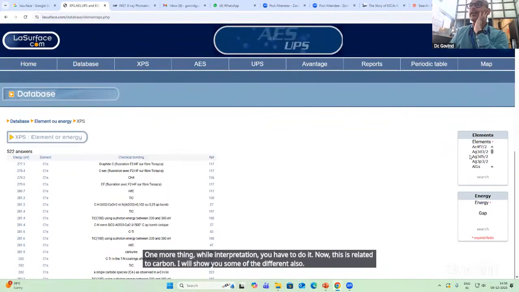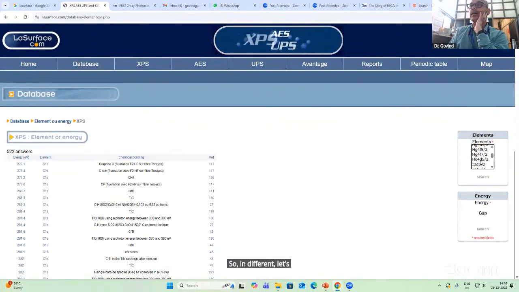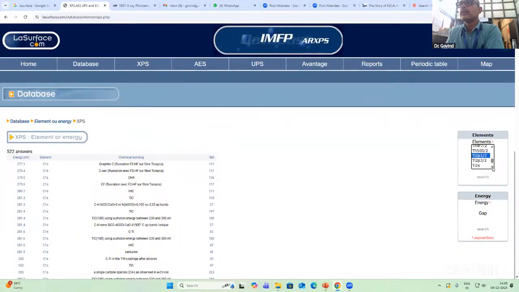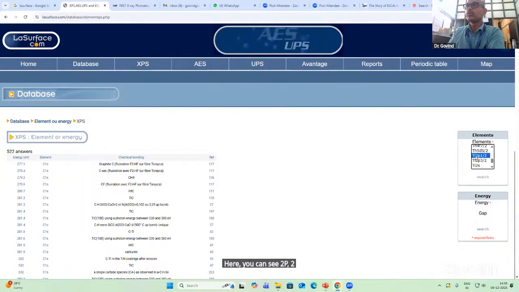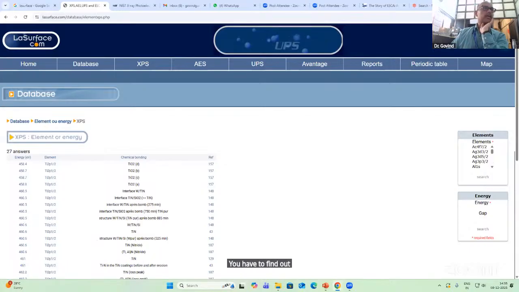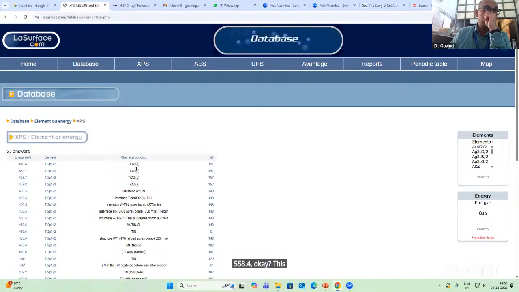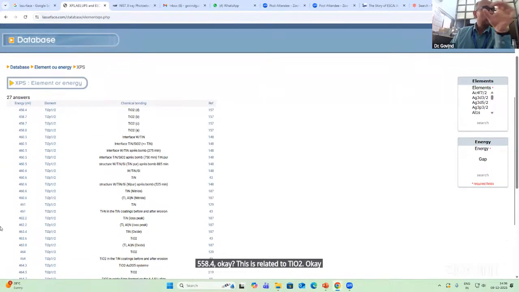So in a different one, let's see, I have Ti. Here you can see 2p, 2p 3/2, 1/2. So you have to find out which one first. So look at this. Titanium, Ti has a binding energy of 558.4. Okay, this is related to TiO2.